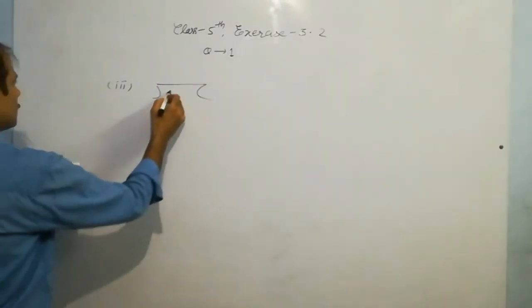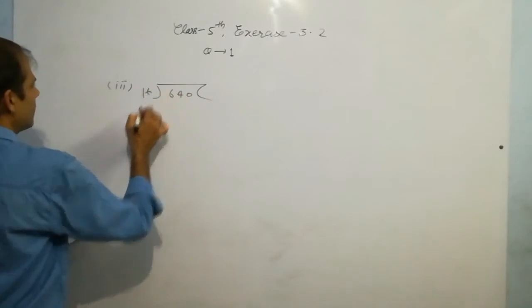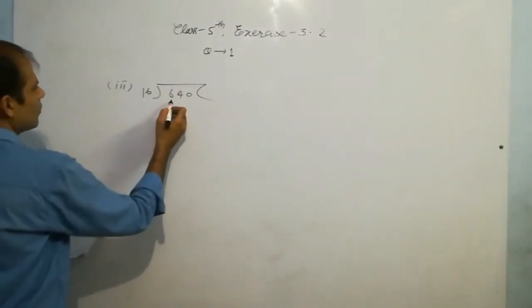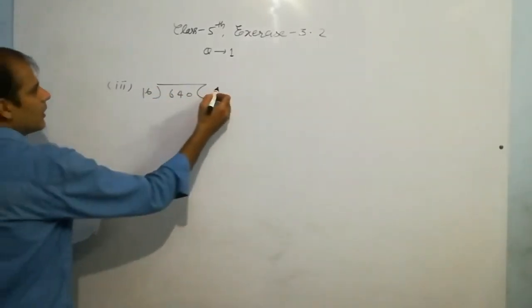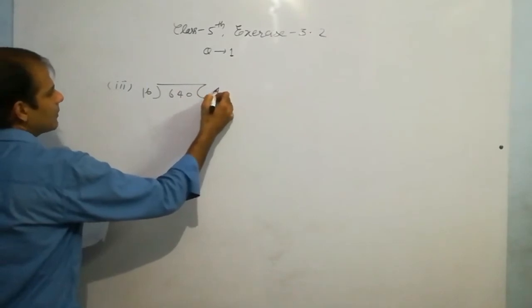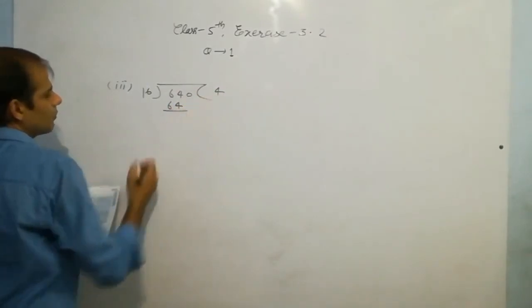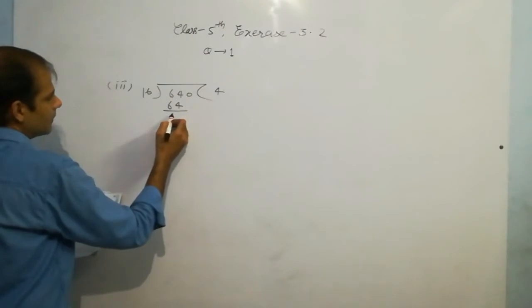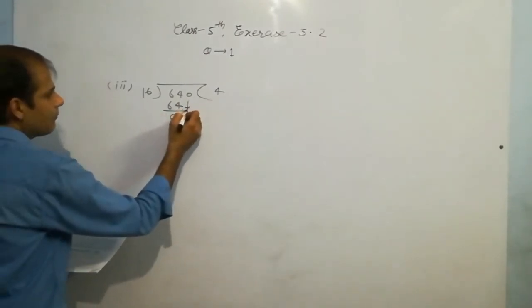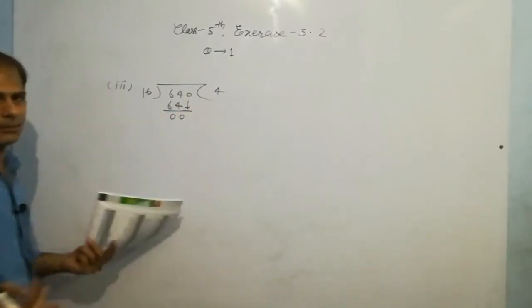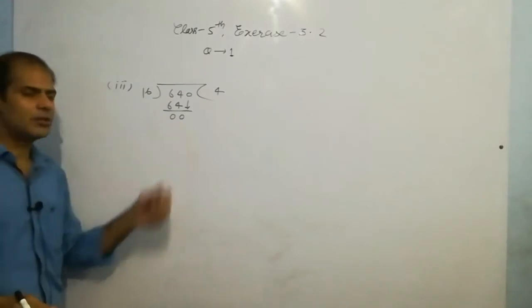It is 640 divided by 16. So we will divide 64. If you remember the table, it is 16 4 ja 64, and after subtraction we have 0, and if we will copy this 0, again it becomes 0. Double 0 means just 0.